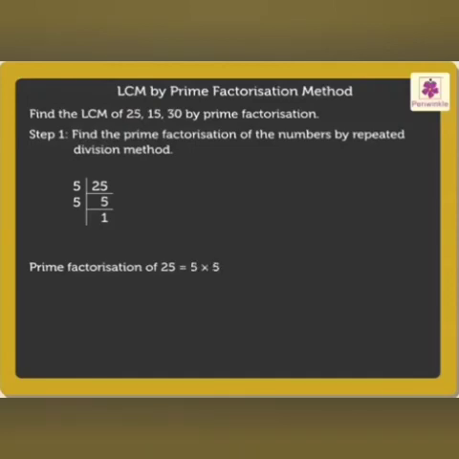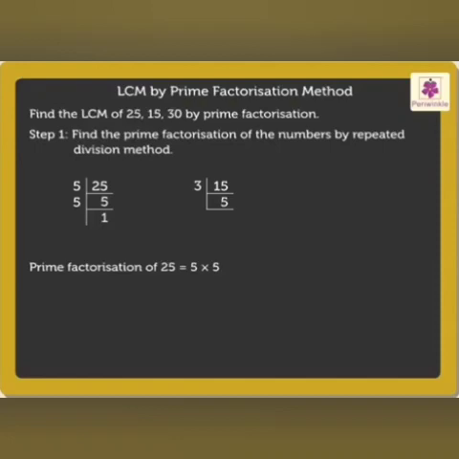Now, we find the prime factors for the next number 15. We know 15 is not divisible by 2. So, we take the next prime number, that is 3. Dividing 15 by 3, we get the quotient 5. 5 is a prime number.